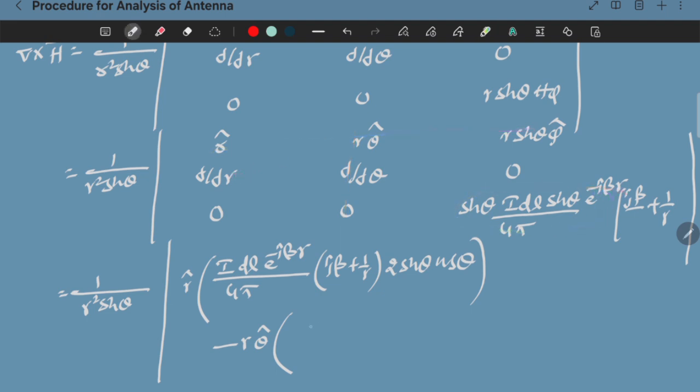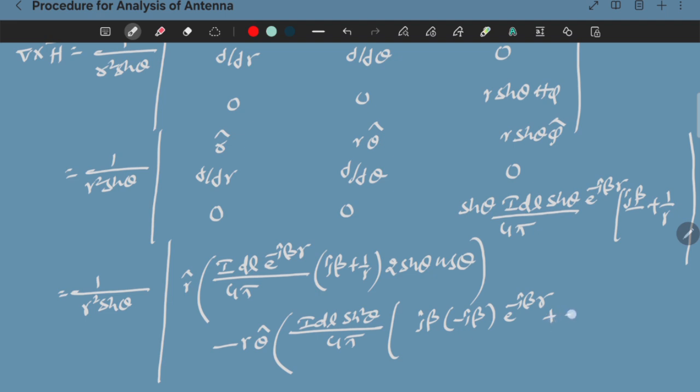So I'm writing the constants first. I dl sin square theta by 4 pi j beta is constant. Now what is there in the first term? E power minus j beta r. So differentiation will be minus j beta e power minus j beta r. Then next term will be e power minus j beta r by r.